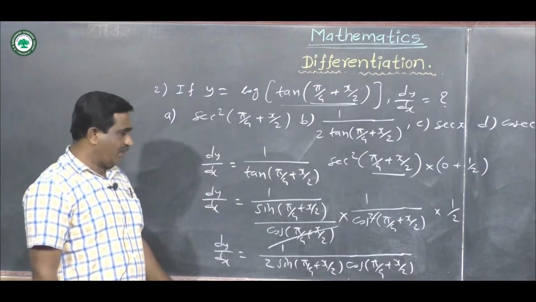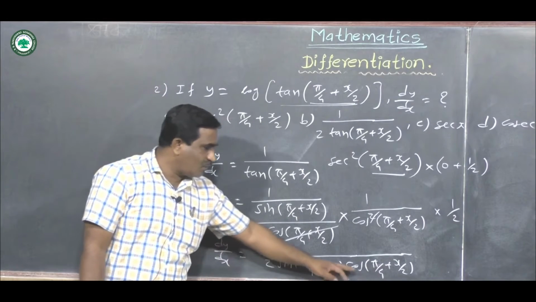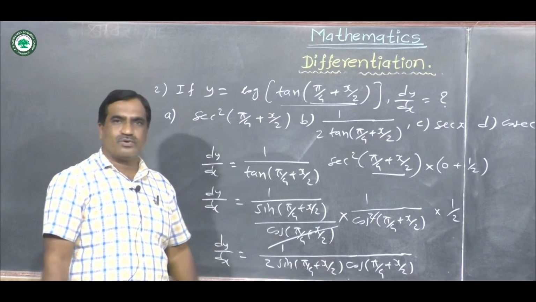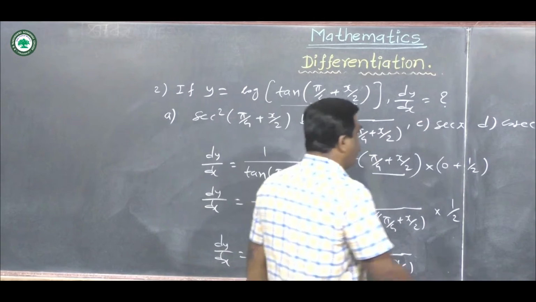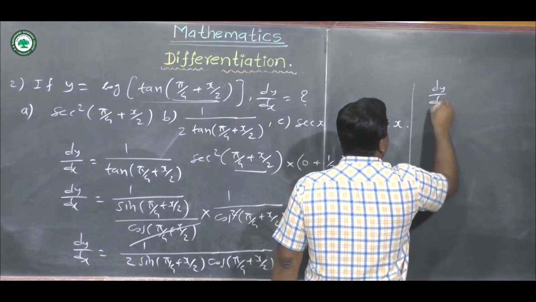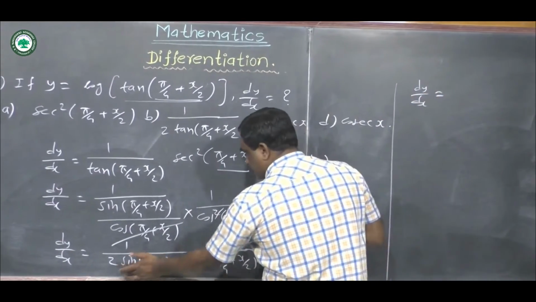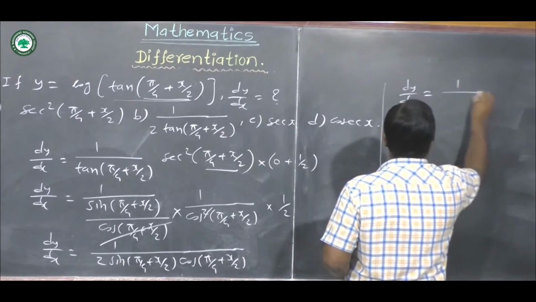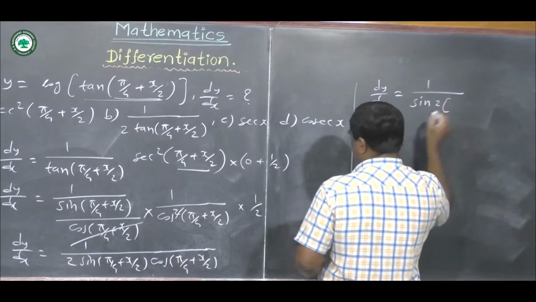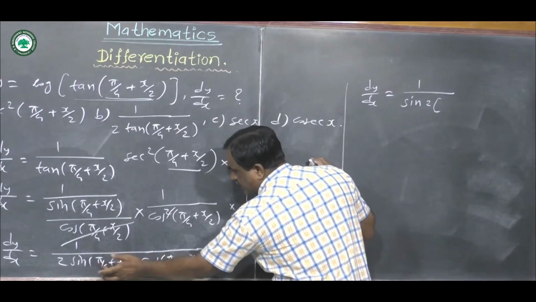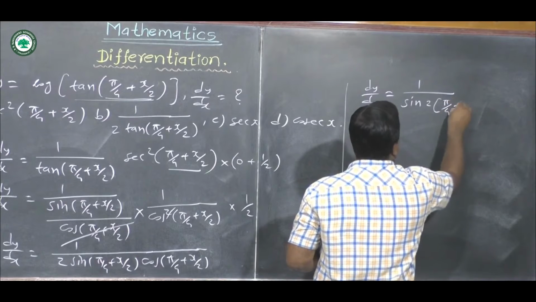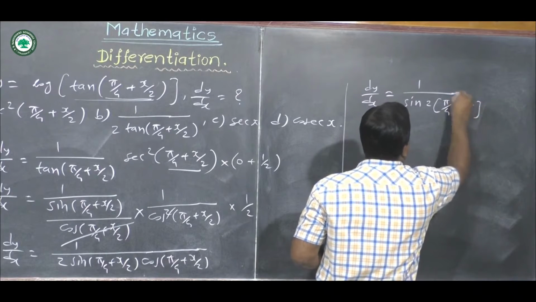Now we know the formula 2 sin theta into cos theta equal to sin 2 theta. Using this formula we can write here dy by dx is equal to 1 upon sin 2 theta, means sin of 2 into pi by 4 plus x by 2, where the angle theta is pi by 4 plus x by 2.